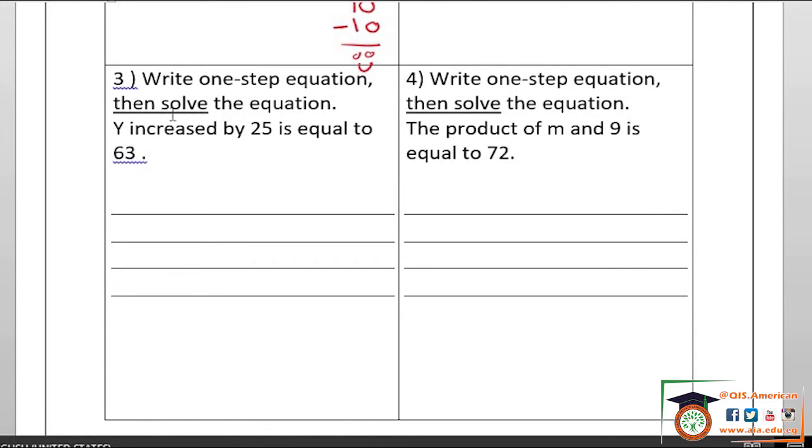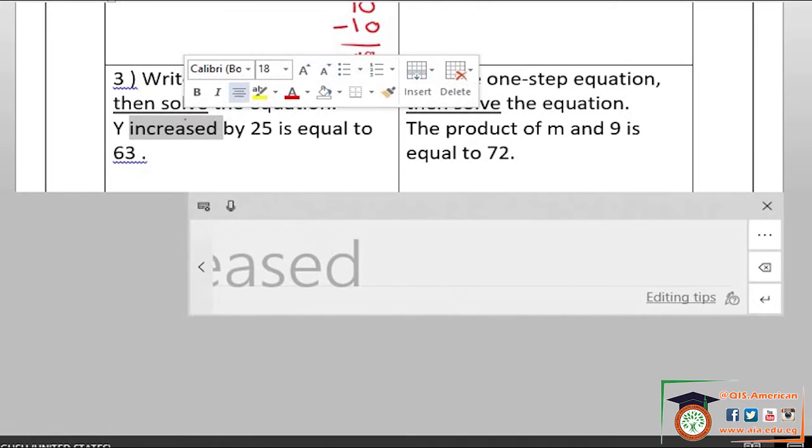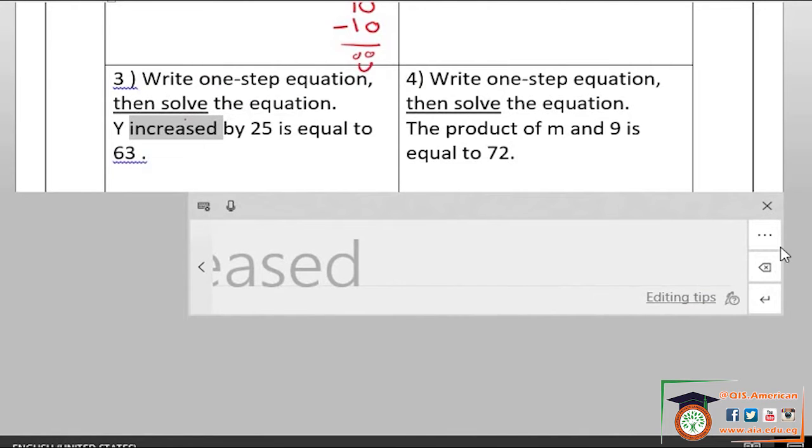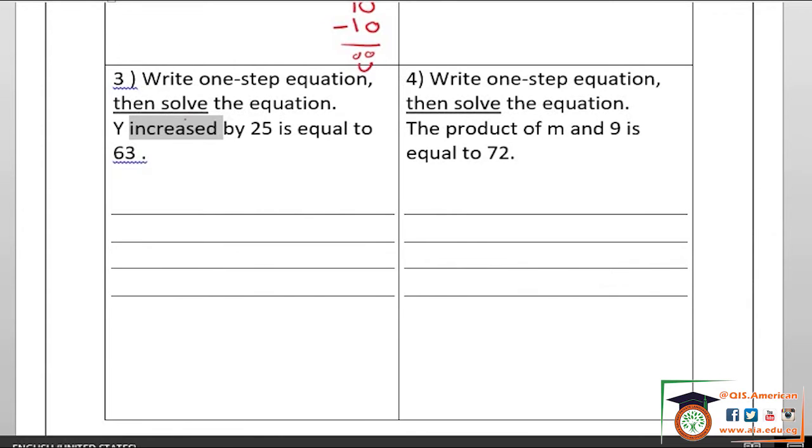The word increased means addition. Addition. Increased by 25 is equal to, so here is my equal sign.